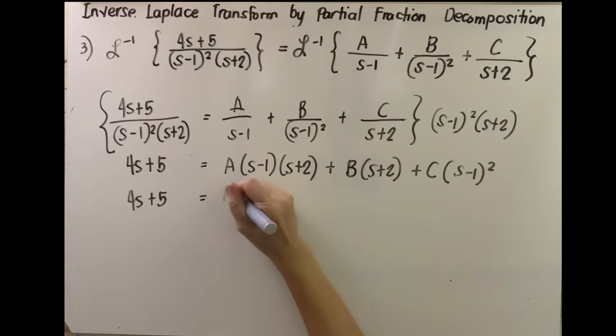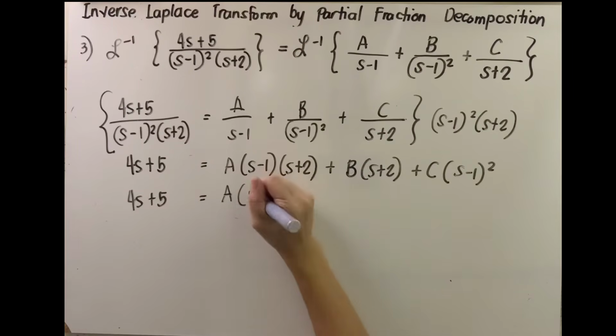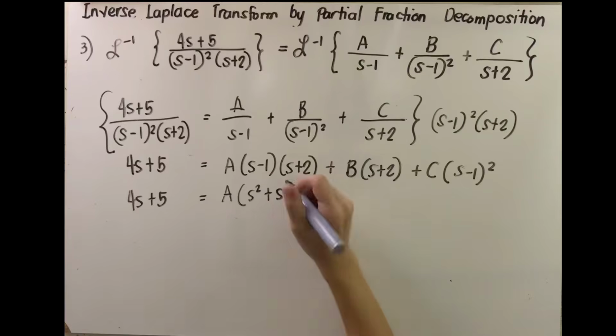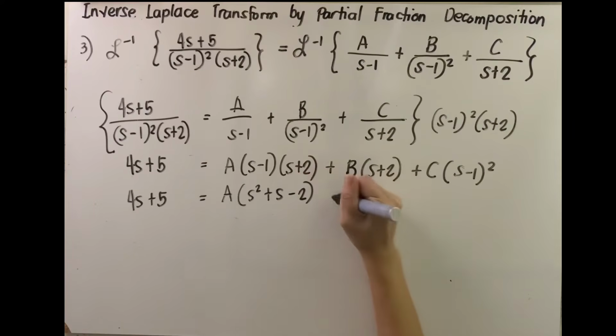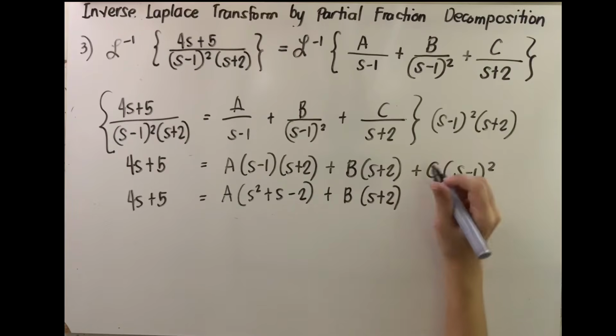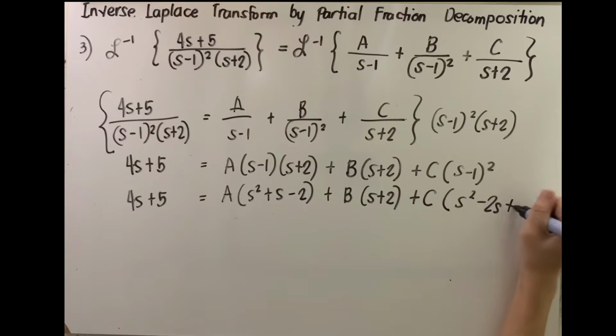So, let's expand the S terms first. So, that would be A times, this is S squared, plus S, negative 1 times 2 minus 2, plus B times, I will not expand this yet para sabay-sabay, plus, I'll expand this binomial. So, you have C times S squared minus 2S plus 1.